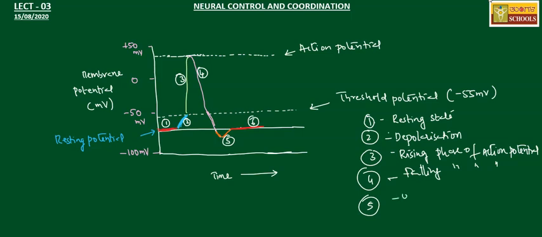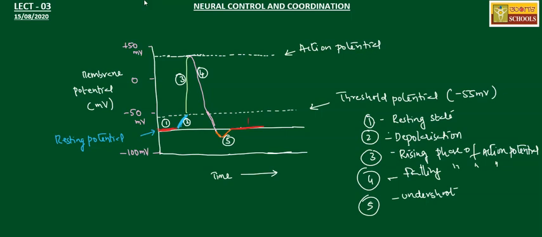So later we'll see about this. And again coming to the sixth one, it will be a resting phase. So instead of 6, we'll take this as 1 itself.